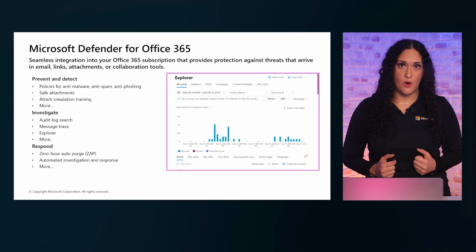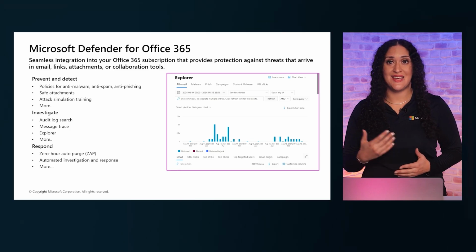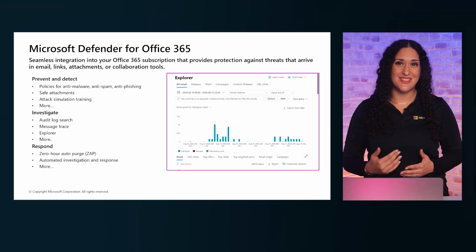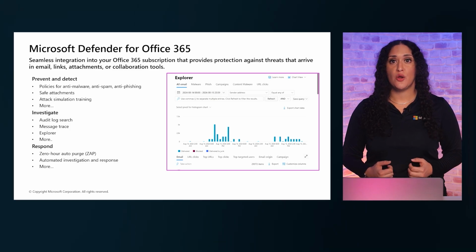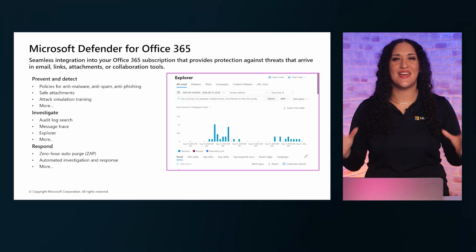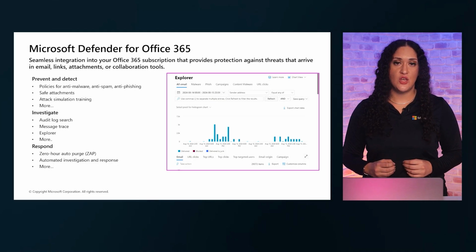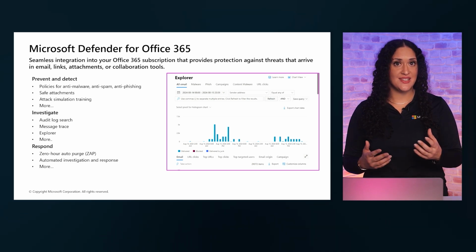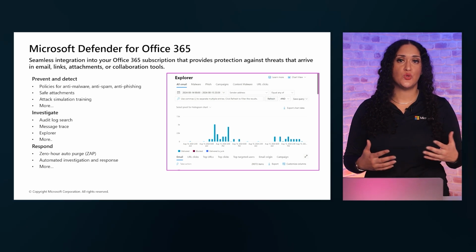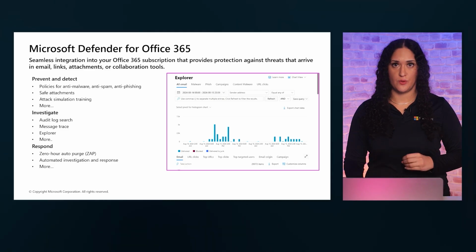In the investigate part, the security admins use Explorer to see related emails and identify other users targeted by the same campaign. The response? Zero-hour auto purge, or ZAP, removes any similar messages that were already delivered, and automated investigation confirms no further impact. As a result, this phishing attack is contained early, user risk is reduced, and the security team responds from a single portal.